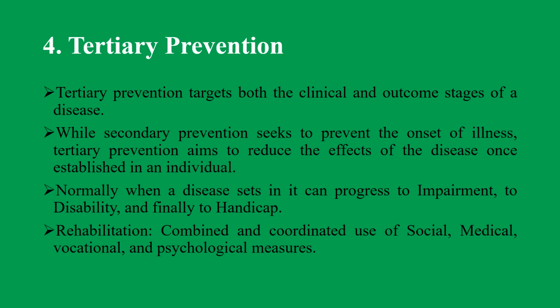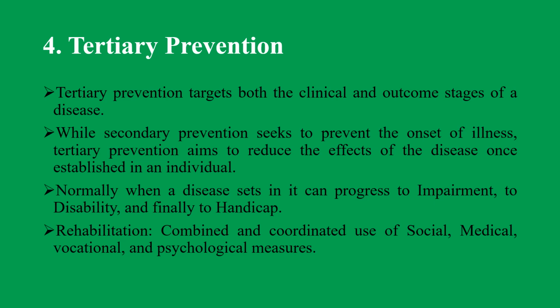Then disability refers to restriction or inability to carry out an activity, while handicap is disadvantaged individuals occasioned by impairment or disability that limits or prevents them from fulfilling their day-to-day roles. The other activity under tertiary prevention, apart from disability limitation, is rehabilitation.